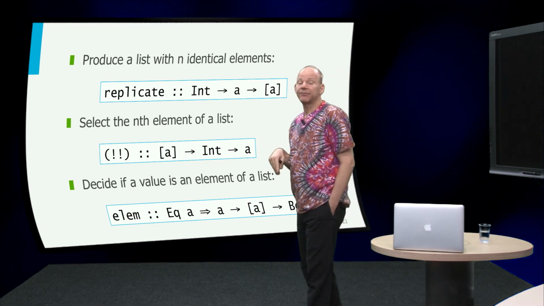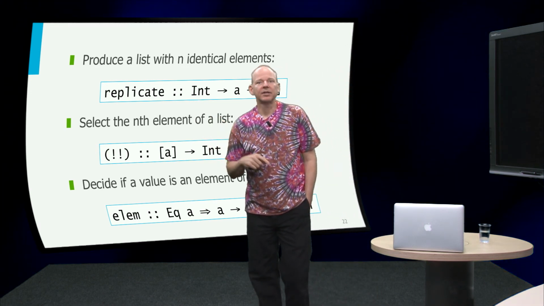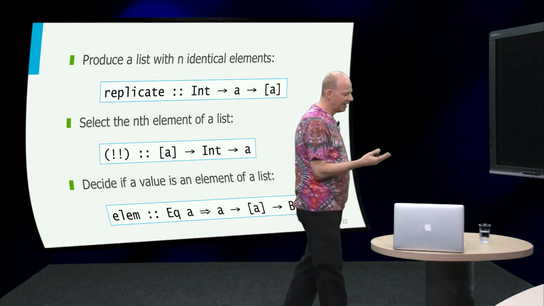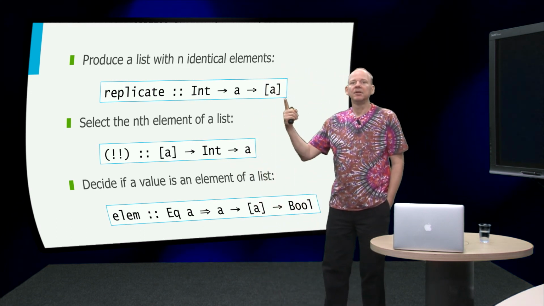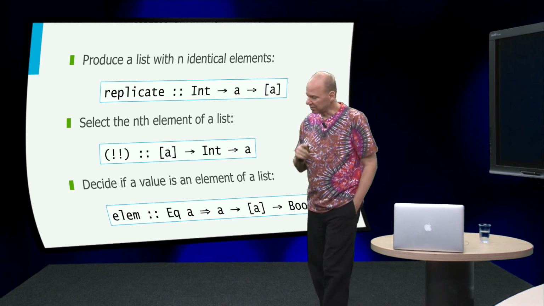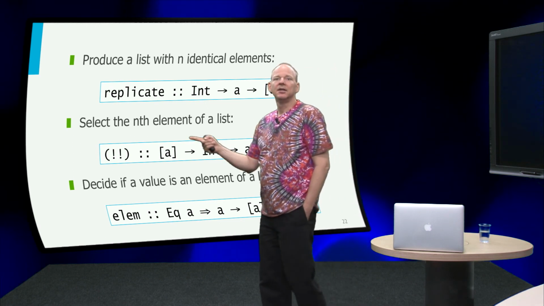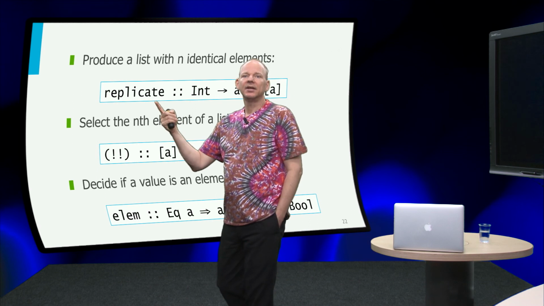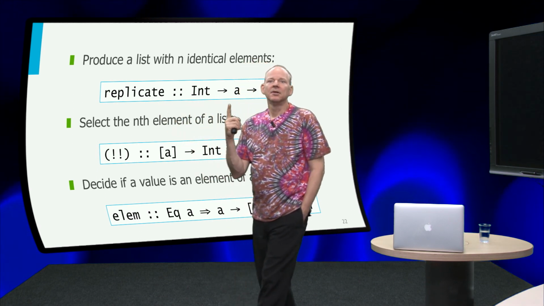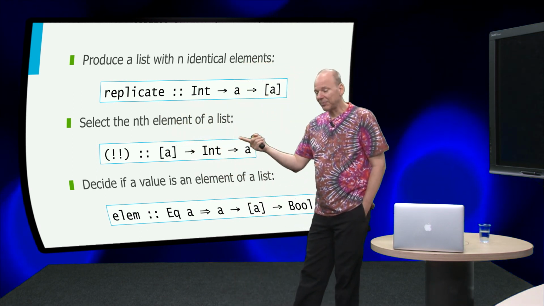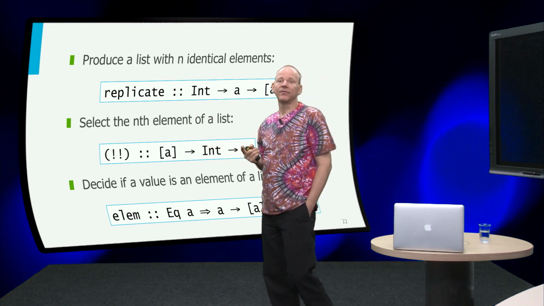So we have two cases. N equals 0. If I replicate an element 0 times, well, I get the empty list, so that case is easy. So if I want to replicate a value n times, well, I first replicate it n minus 1 times.